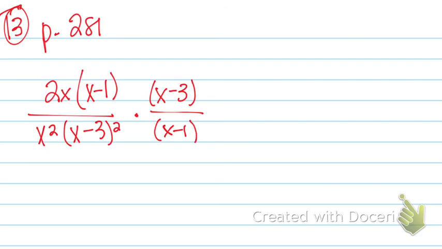So when you do these rational expressions, you first must simplify everything you can. Okay? Is 2 times x the same thing as 2x? Yes. These right here are the same. Okay?